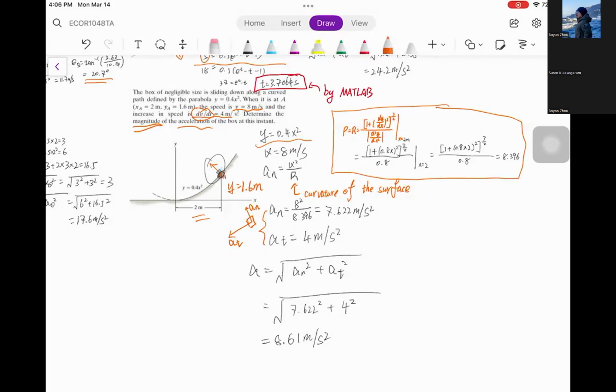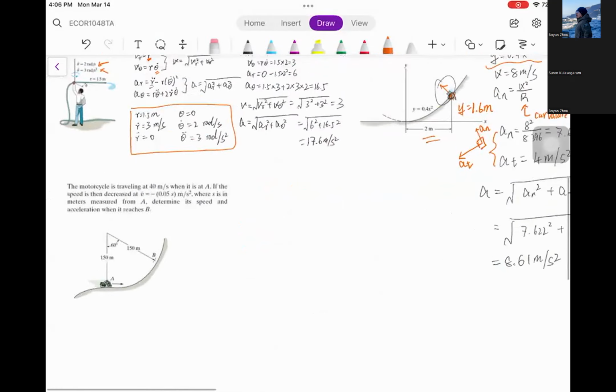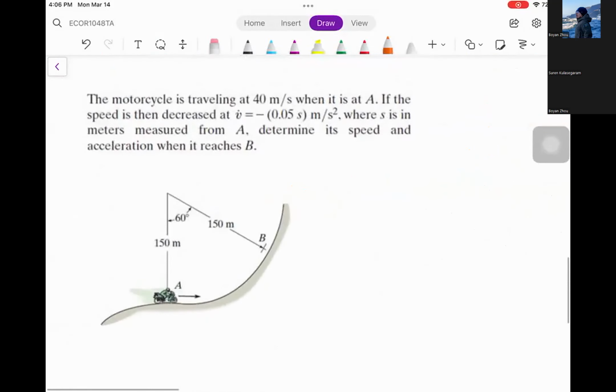Okay, so our last question is a motorcycle again moving along this path. When the motorcycle is at A, the velocity is 40 meters per second, and we also know the acceleration over displacement function.